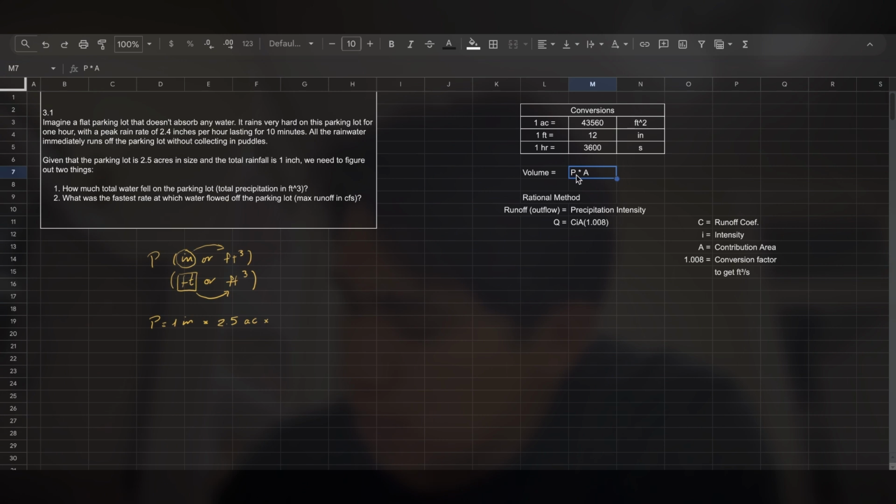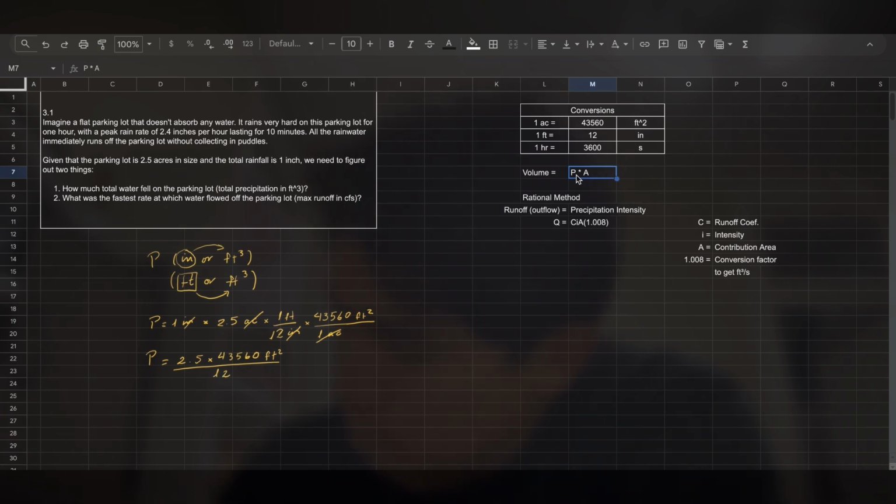We multiply by 1 foot over 12 inches, so we cancel inches, and we multiply by 1 acre, which is 43,560 square feet. That way we cancel acres, and we will have precipitation equals 2.5 times 43,560 square feet all over 12.